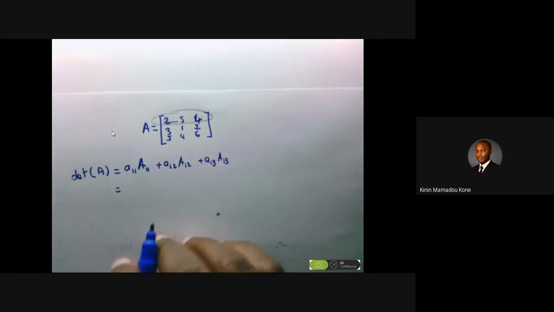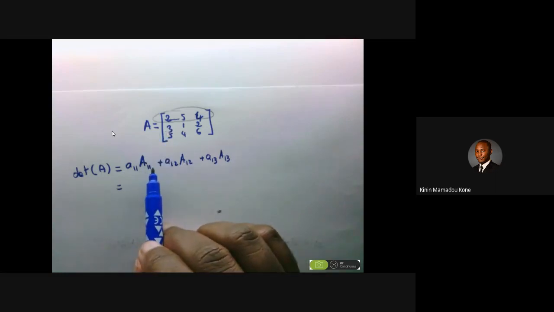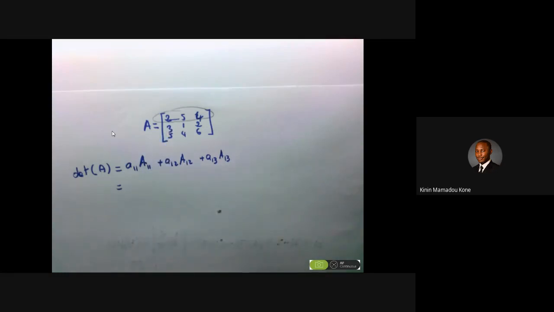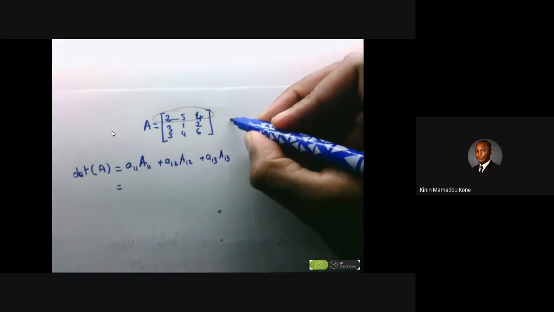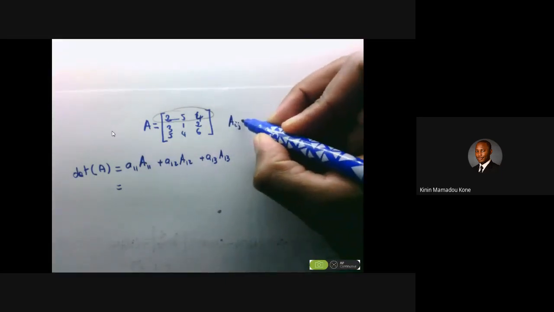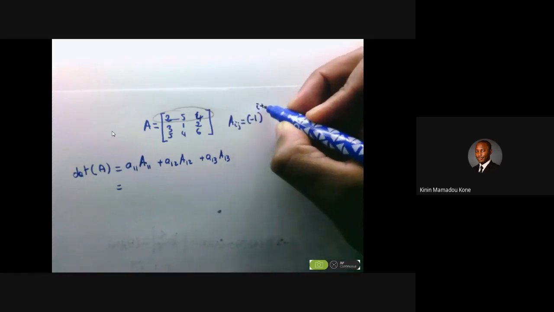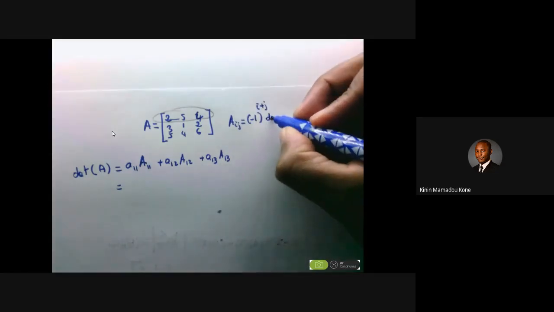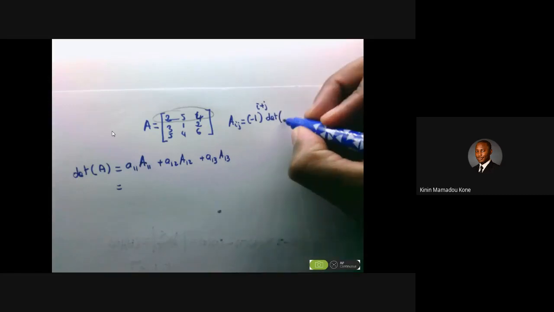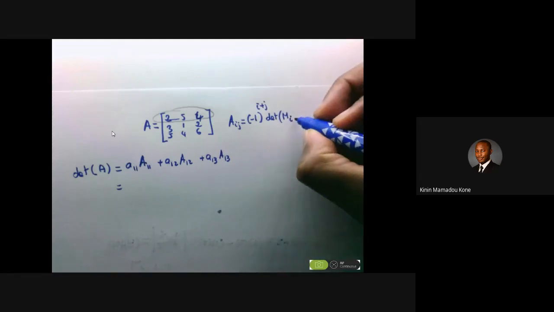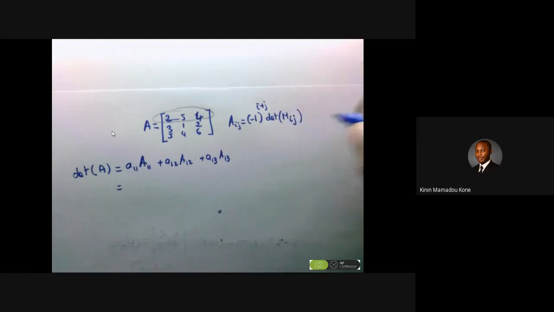Before I even turn it into numbers, let me first write it in terms of the minor expression. If you remember, the cofactor Cij is going to be equal to negative 1 raised to i plus j, multiplied by the determinant of the minor matrix that's formed by deleting the ith row and the jth column.